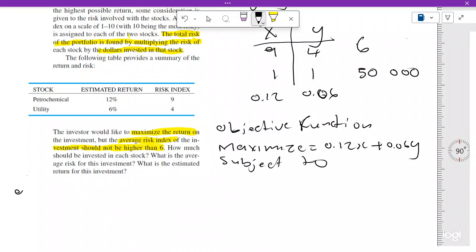So we have this. Okay, make a straight line, right.